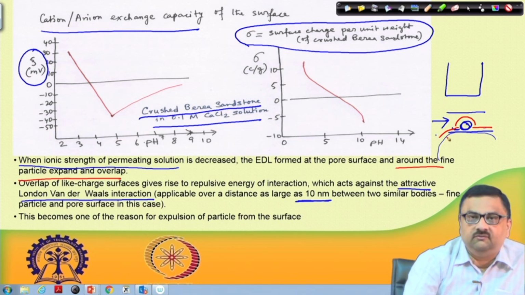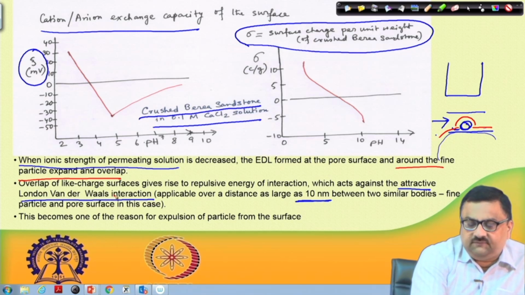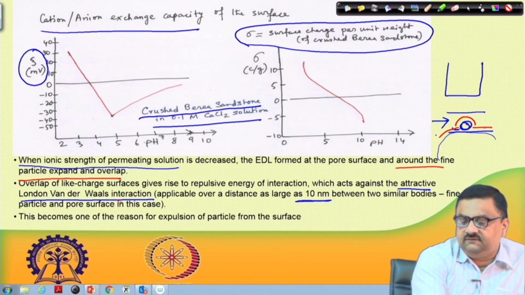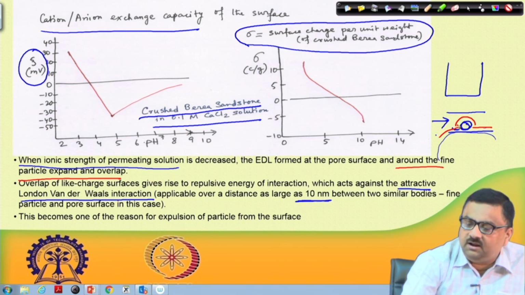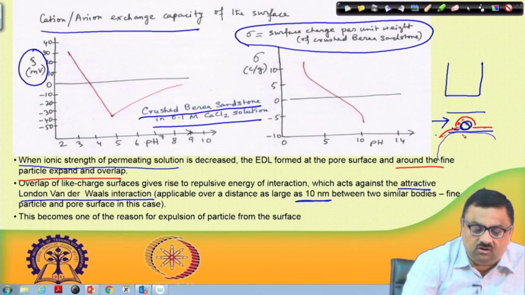Essentially, overlap of like-charged surfaces gives rise to a repulsive energy of interaction. If these are all positive, then these are also positive, so there is a repulsion, and that repulsive force acts against the attractive London van der Waals interaction force between two similar bodies. When this force exceeds the attraction force, naturally the particle will be dislodged.